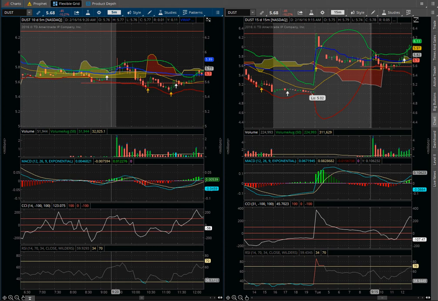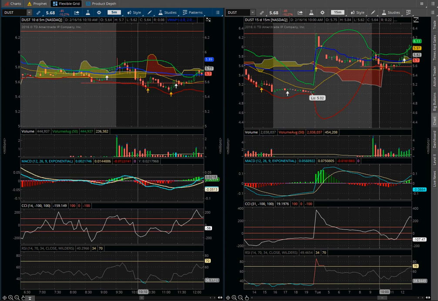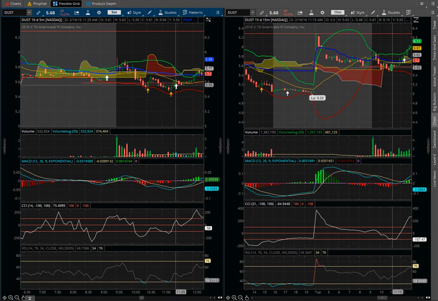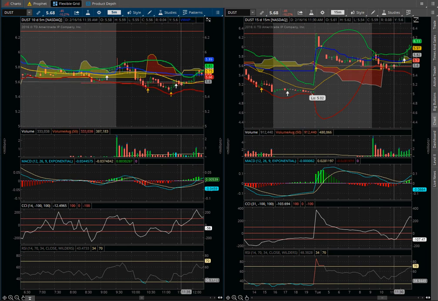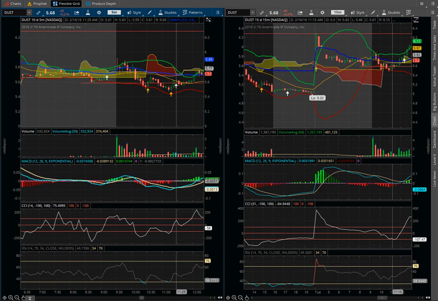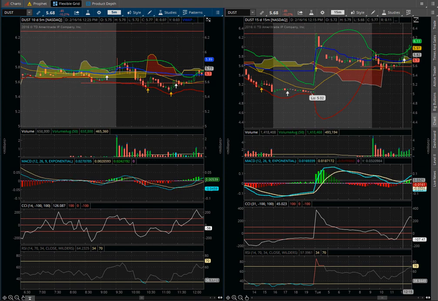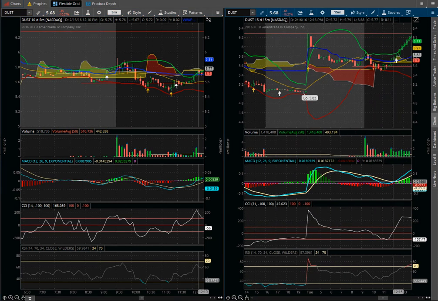Multiple time frame MACD crossover. What that means is that right here, around 11:40, right around 12 o'clock, you're getting a crossover on the 5-minute chart, and you're getting a crossover on the MACD on the 15-minute chart.